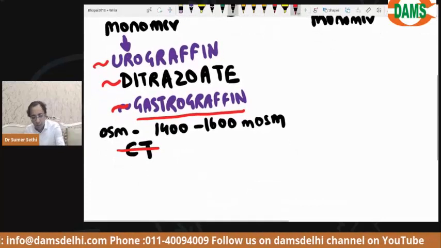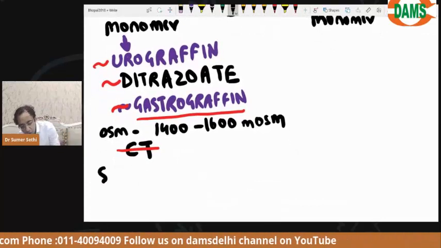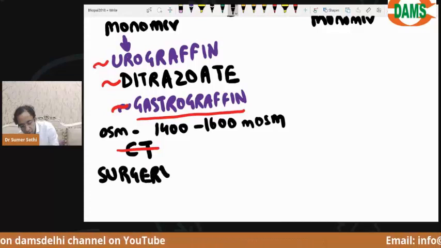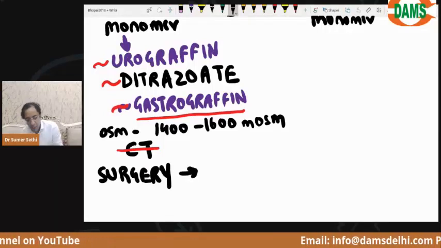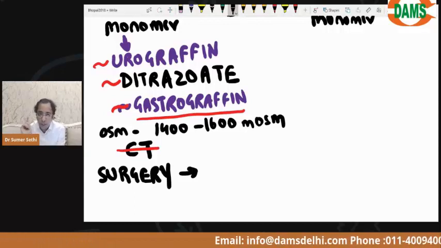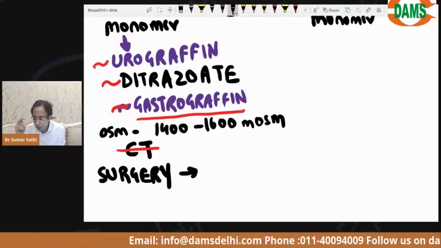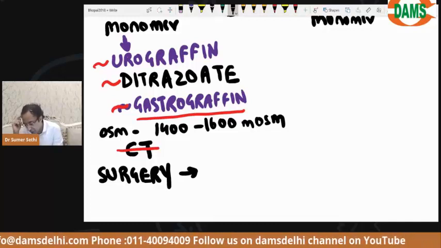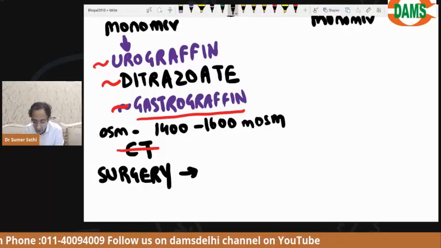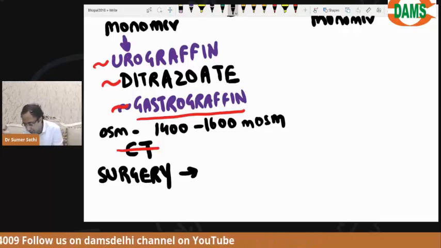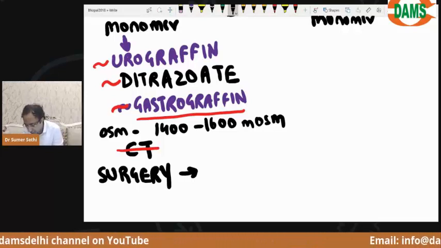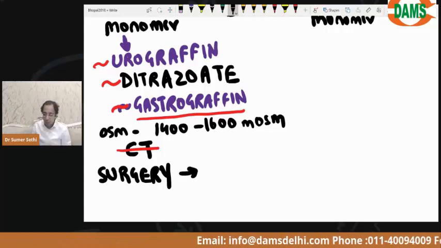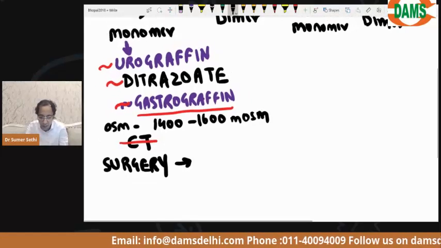So now tell me, when you were doing your surgery class, and I know both foundation and regular, all of you have done surgery. In your surgery class, where did the teachers mention gastrografin study? Yes, diatrizoate, urografin is the same. Urografin is the trade name. Diatrizoate is the chemical name. Anybody? In surgery class, where did you hear about gastrografin study?